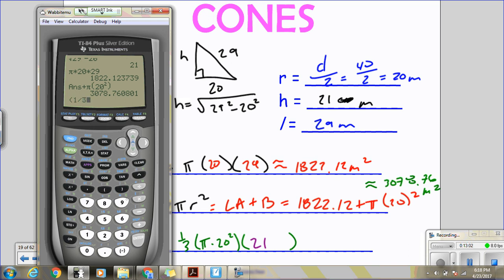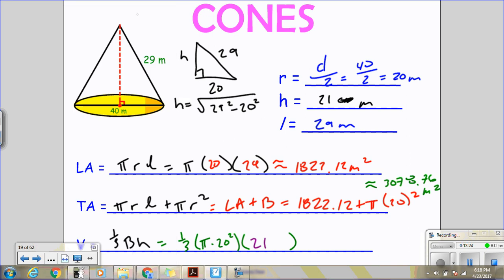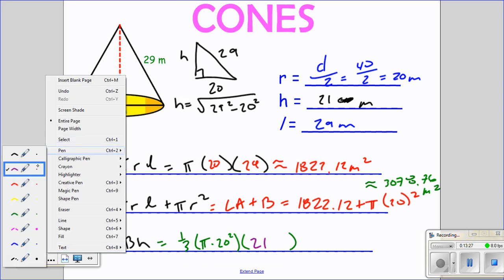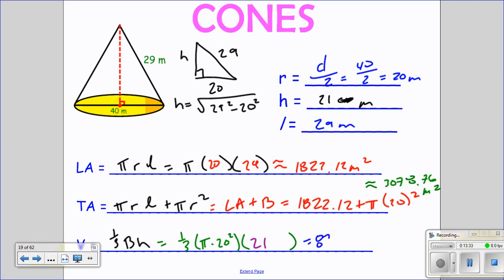One-third times pi times 20 squared times 21. And I get 8796.46 meters cubed.